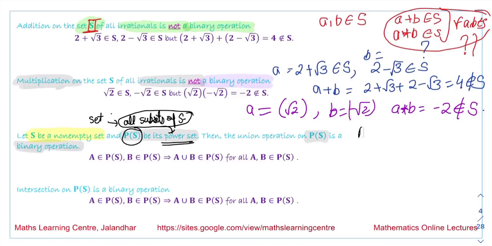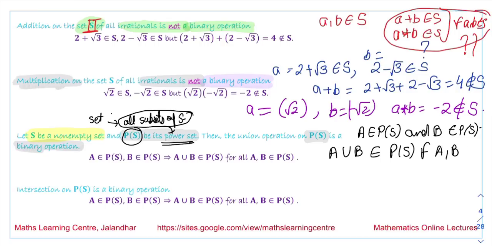So we are considering that A belongs to power set of S and B belongs to power set of S. Then we are saying that A union B also belongs to power set of S for all A, B belongs to power set of S.